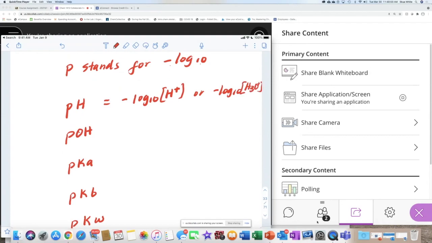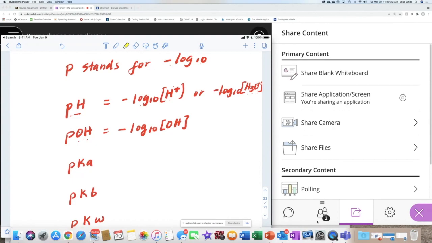Okay, so if you're asked to figure out the pH and you're given H3O plus concentration or H plus concentration, plug that number in this formula and you can solve for pH. If you are given OH minus, plug this in here and you can get pOH.